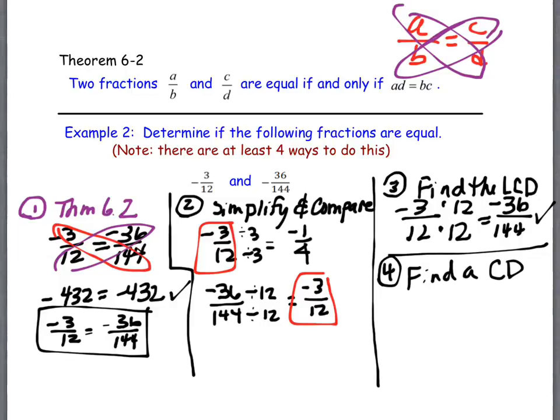I just multiply them. So this one, we would actually take the negative 3 over 12, and we would multiply it by 144. And we would take the negative 36 over 144, and we would multiply it by 12. So what is 12 times 144? Anybody?